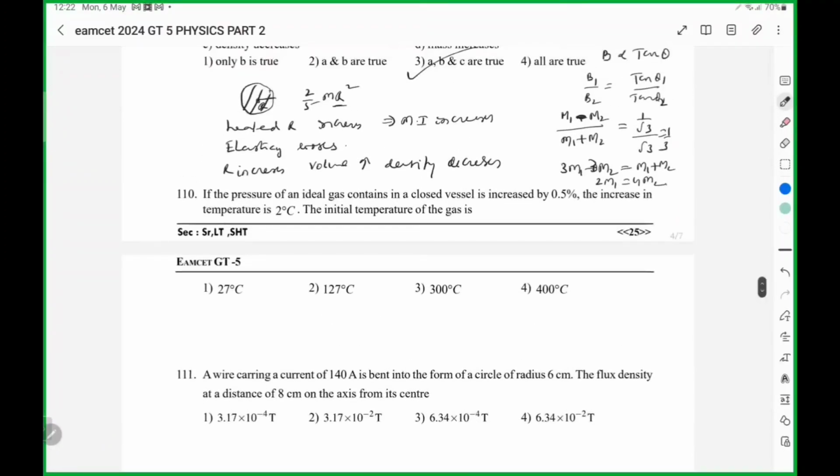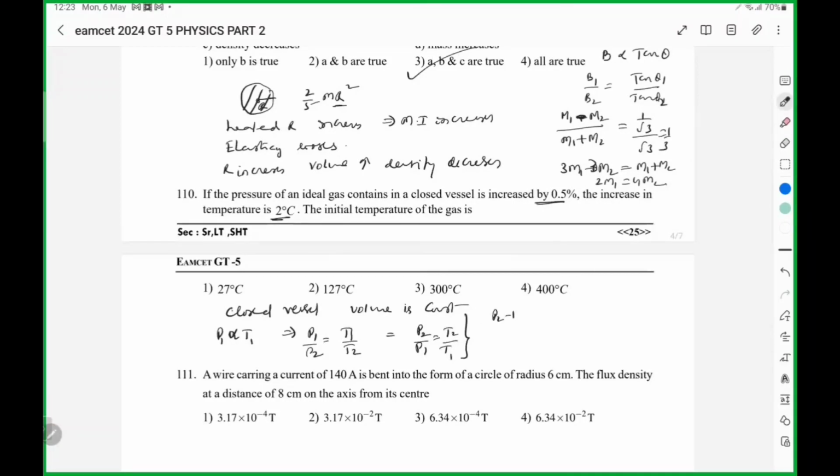Pressure of an ideal gas contained in a closed vessel is increased by 0.5 for an increase in temperature. What is the initial temperature of the gas? So ideal gas, closed vessel, volume is constant. So P is proportional to temperature. P1 by P2 is T1 by T2.